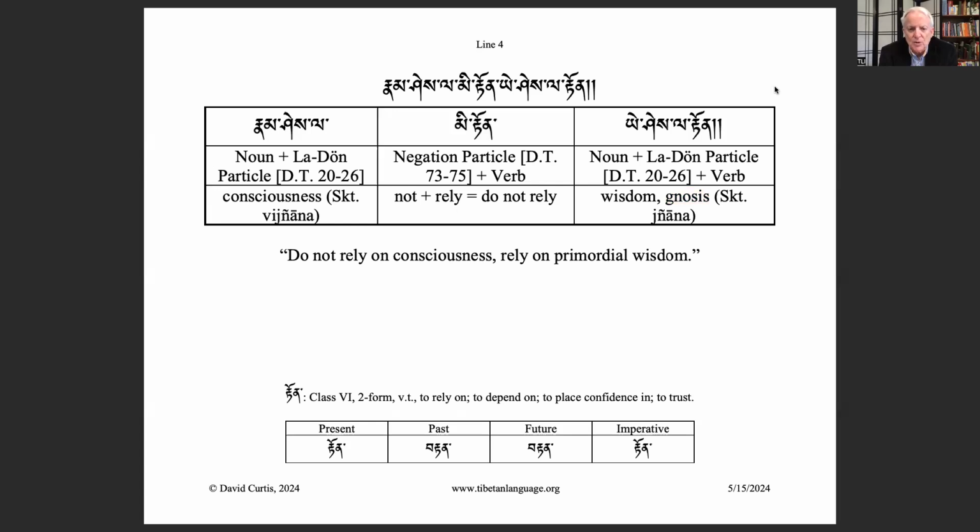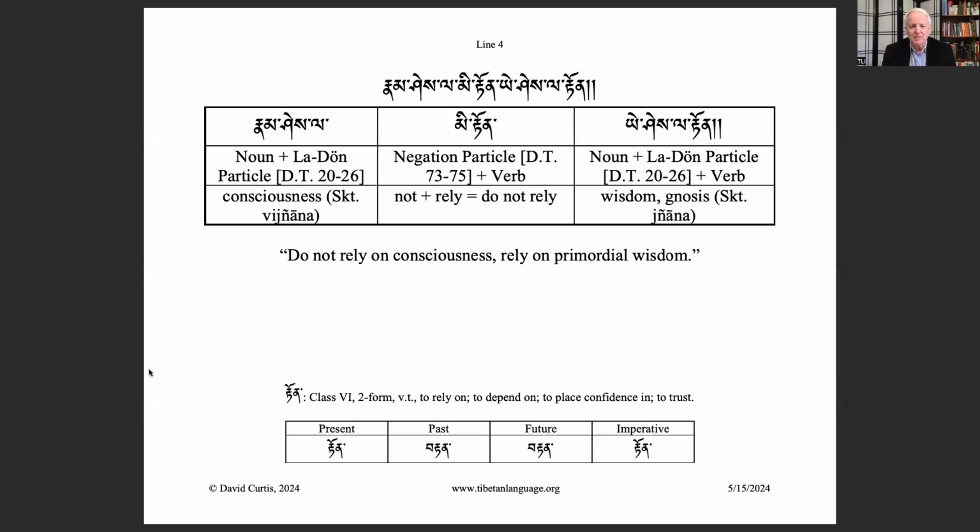Okay, so don't rely on consciousness, rely on primordial wisdom. You know that there's 6 perfections, and the 6th one is She Rob, a superior kind of knowing. But when we speak of the Bodhisattvas, there are 10 perfections that they practice. And the 10th one, the pinnacle of them all, is Yeshe. So that's what we should rely on.